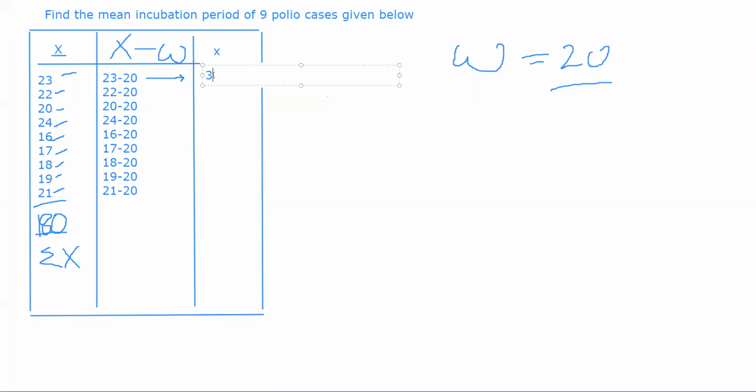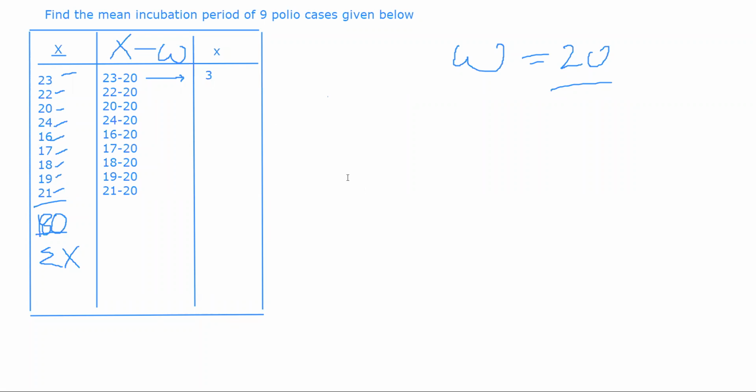Okay. And if you try to deduct that assumed mean from the observation that is given, you will get a certain value. That is the deviation. That deviation is represented by x. So the deviation for the first observation, which is capital X minus W. So capital X1 in that sense.